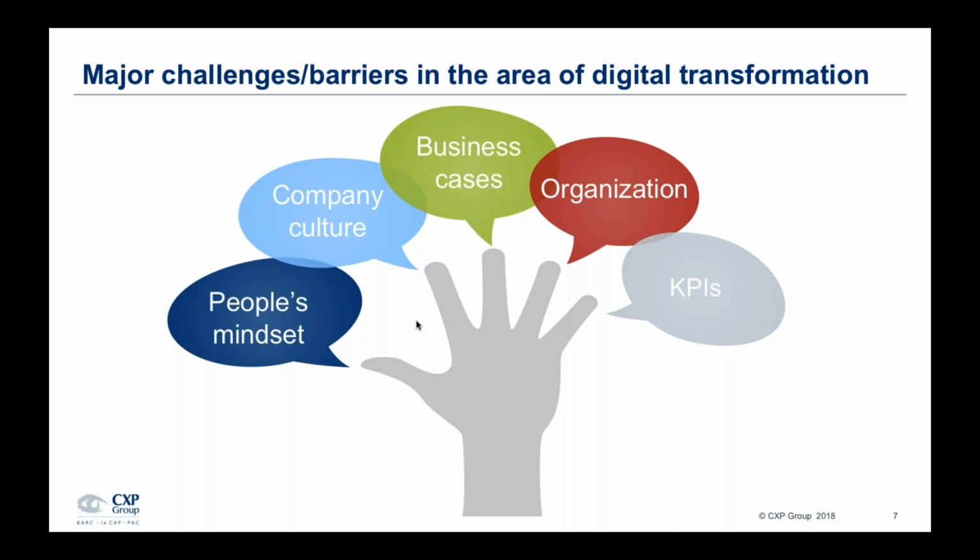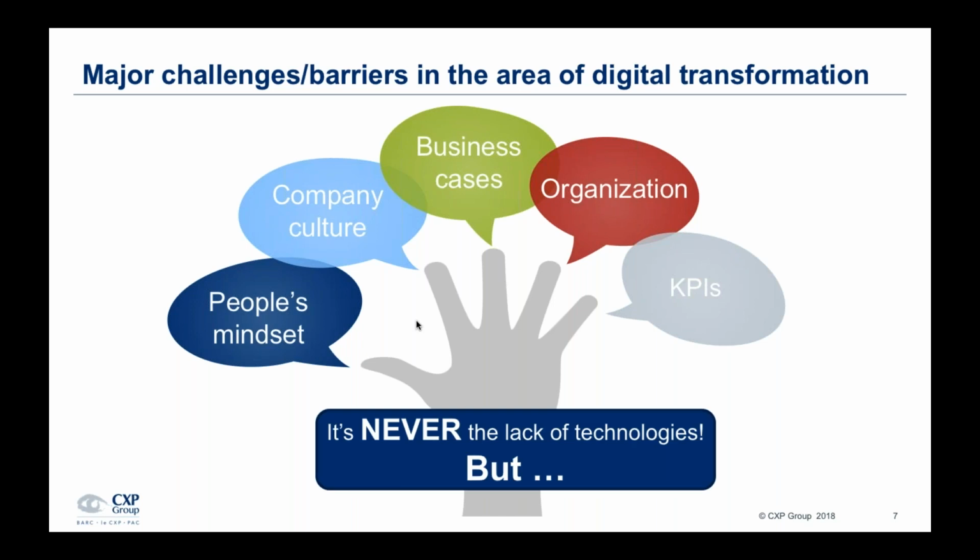And last but not least, having only the traditional legacy KPIs which relate to revenues or costs also prevents establishing an innovative company culture or changing people's mindset toward the importance of digital transformation and innovation. So these are the major constraints I tend to hear when talking to manufacturers about digital transformation.